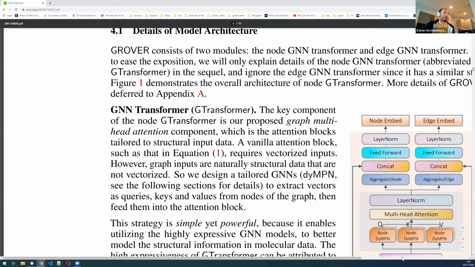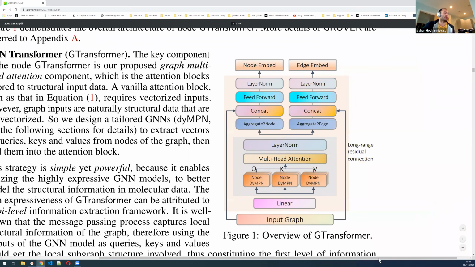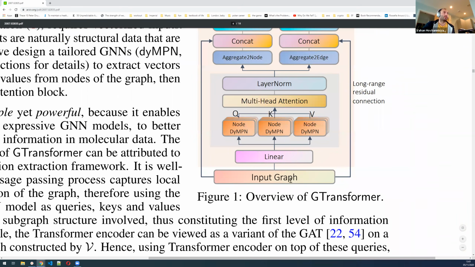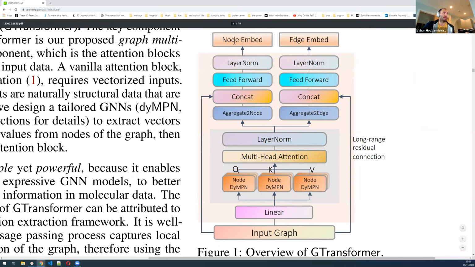Here we have an input graph. I'll try to make this a bit bigger. The goal is to get node embeddings and edge embeddings, and learn them, because originally we have embeddings which are not learned.